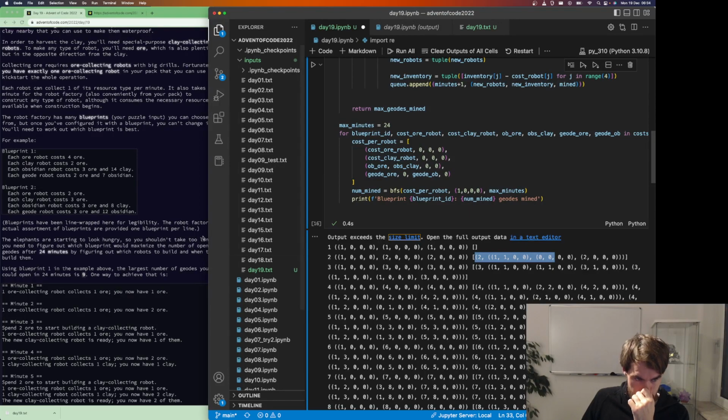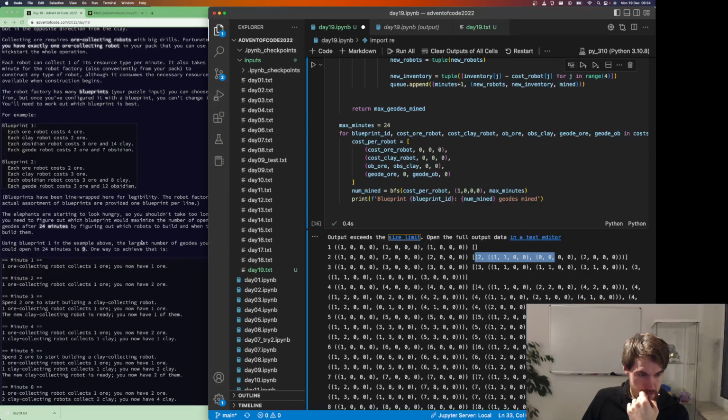After 1 step, we of course mine 1 thing. We can have 2 ore. After 1 minute we have 1 ore. After 2 minutes we should have either a robot and 2 ore.